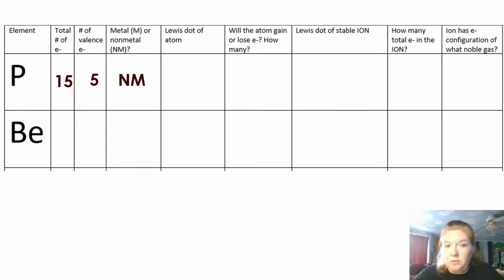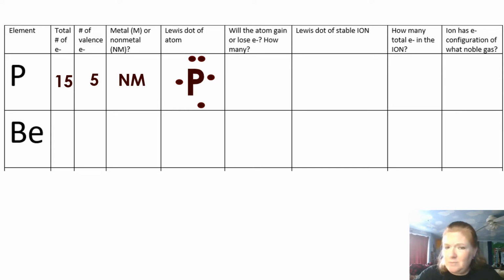And let's draw the Lewis dot structure for the atom. Remember, we only draw valence electrons, not total, okay? Now, will the atom gain or lose electrons when it becomes an ion, and how many? Well, let's see. Remember, atoms are going to take the easy way. So this has 5. In order to be full, it would need to gain 3 or lose 5.